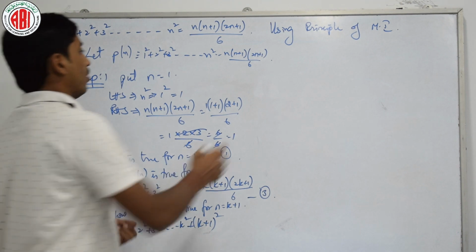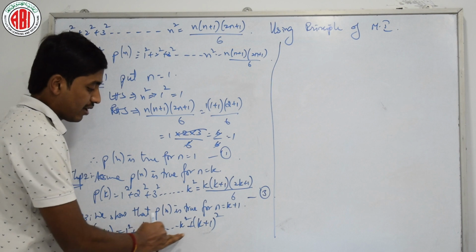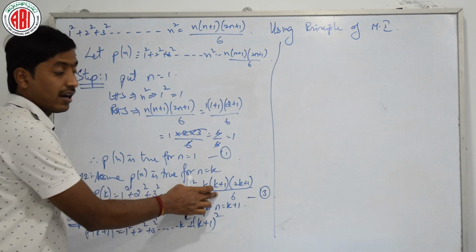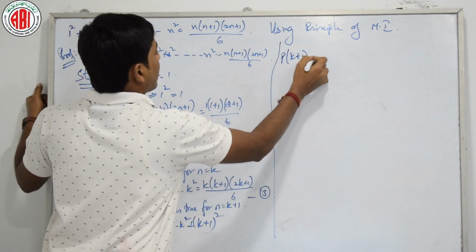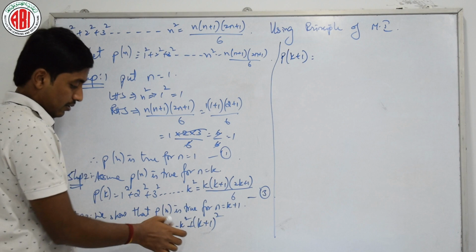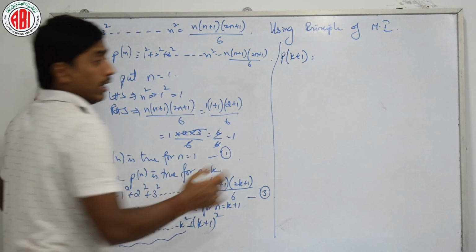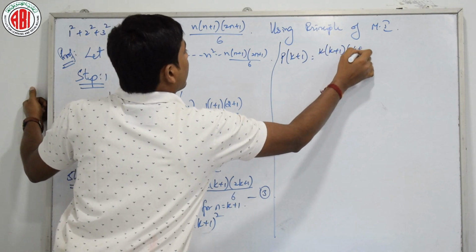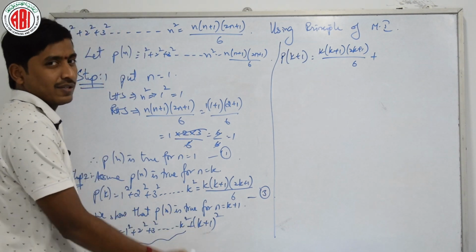Now, just observe here, what is this 1 square, 2 square, 3 square and so on up to k square? This whole term is nothing but this, right? Let us write the same thing. P of k plus 1 is equal to this whole term from here to here, that is k into k plus 1 into 2k plus 1 by 6, plus, what is the next? k plus 1 whole square.